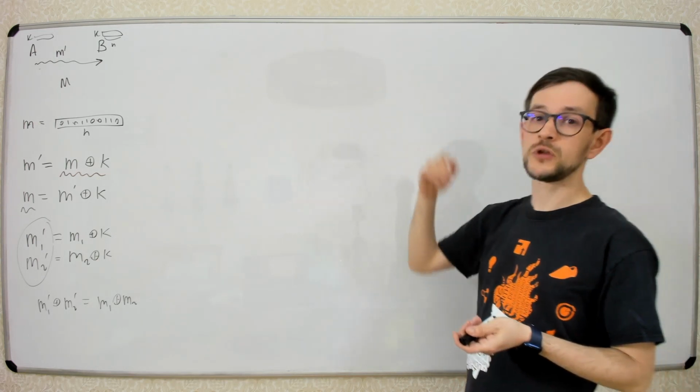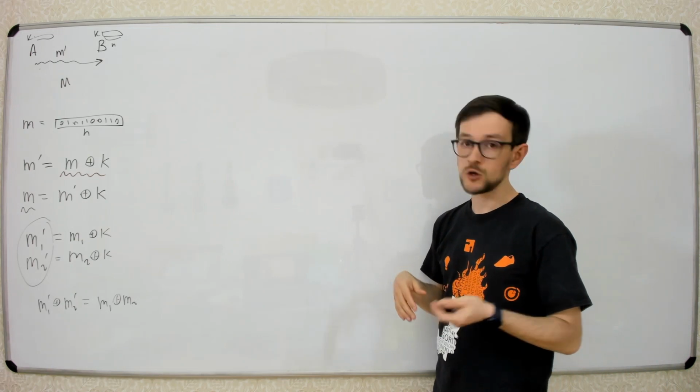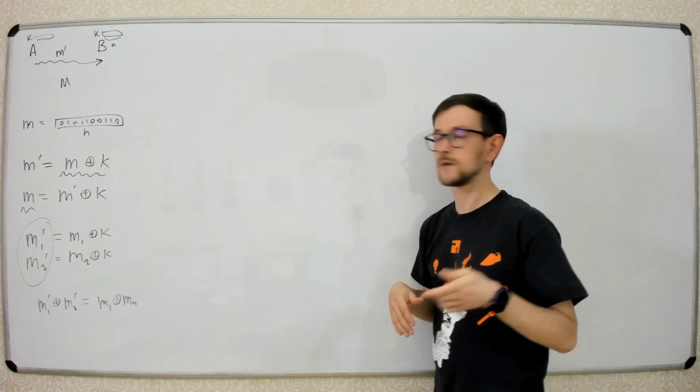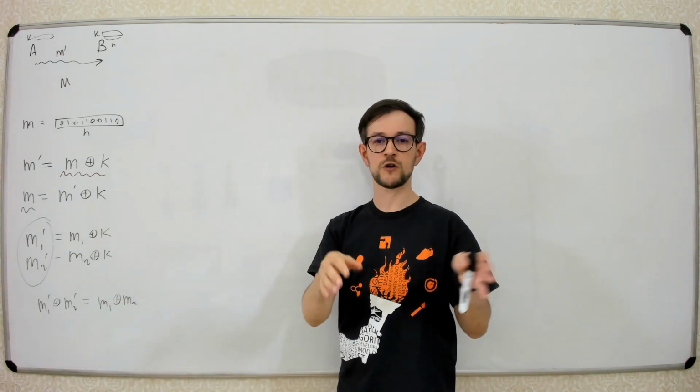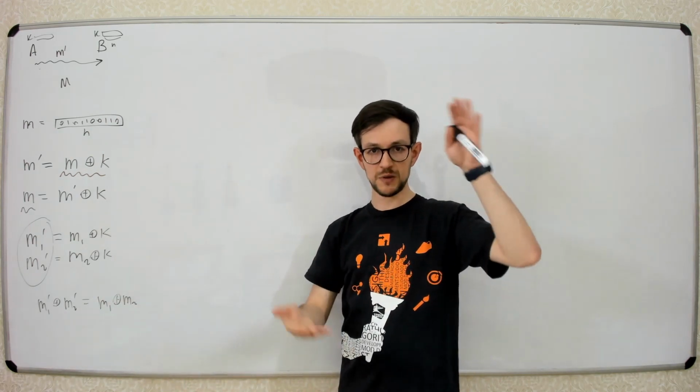What to do if you want to send multiple messages? You can get multiple keys. If you want to send multiple messages, you can generate not a single key but a big array of keys.